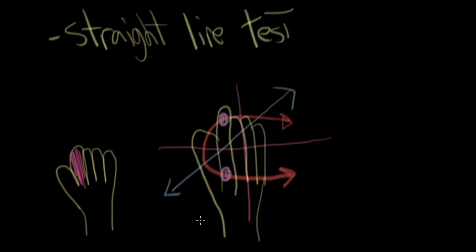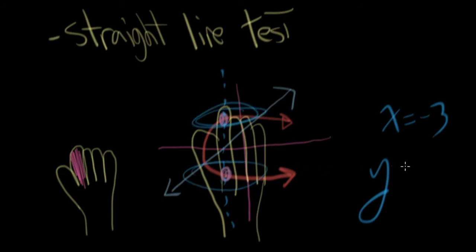That would not be a function, because what it would be saying is that when x is, say, -3, your y values could have been 7, or it could have been like -2.